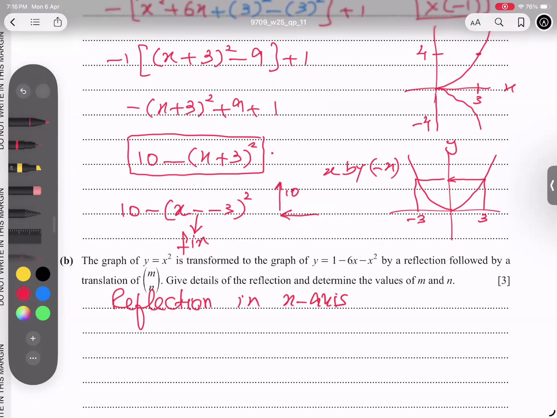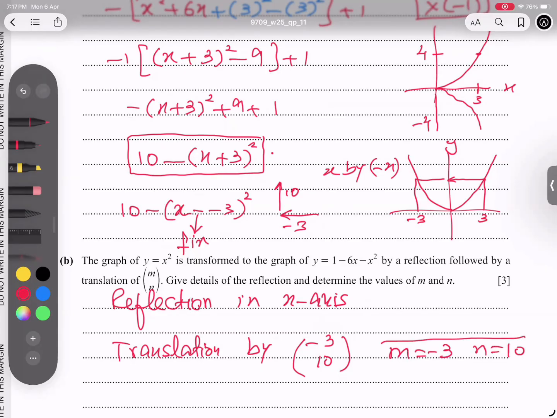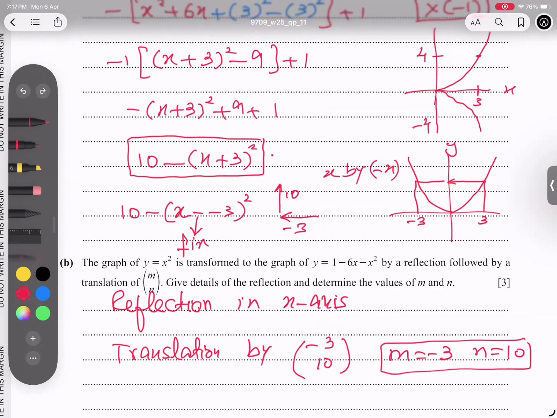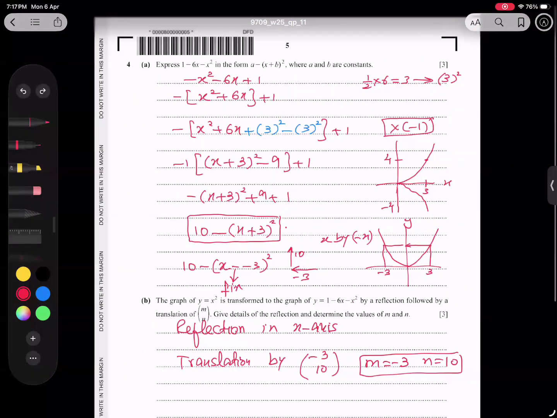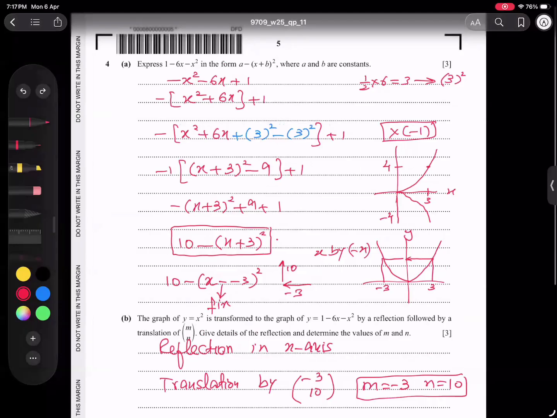So we have a translation by the column vector negative 3 and 10. So we can say that the m value is negative 3 and the n value is positive 10. He was asking for the values of m and n. I hope the concept of the question is completely clear.